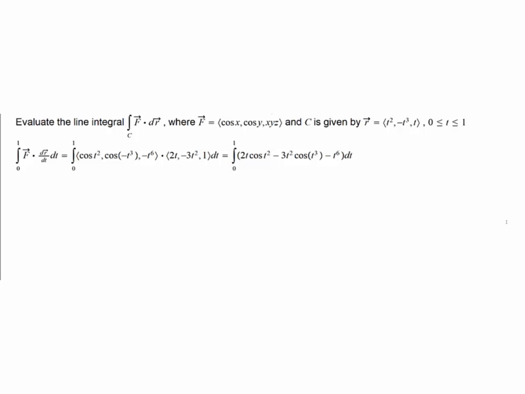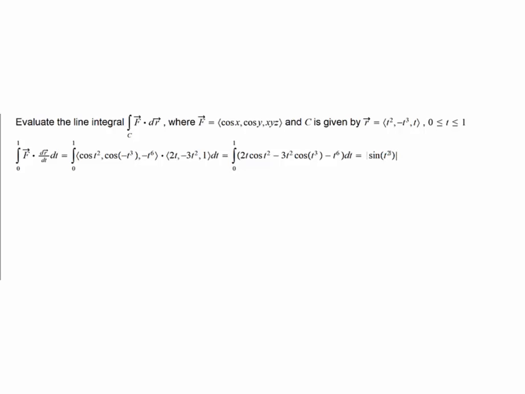And then what this whole thing becomes is that you can see 2t is the derivative of t squared, so the antiderivative here will be simply sine t squared. So let me write that down. So first we get sine of who? t squared.